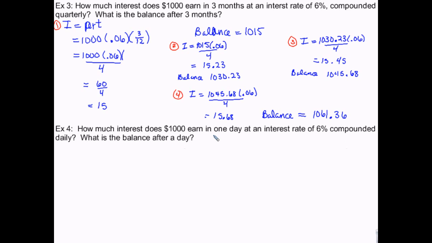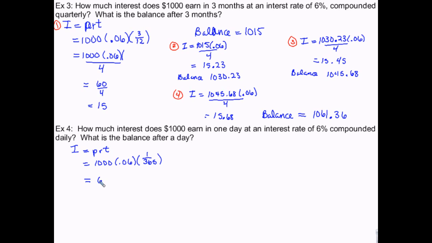If we compound daily, we're not going to do, obviously, all 365 calculations. But if we compound daily, when you're asked to do this kind of a calculation, we're doing the 1,000 times our rate, and our time is 1 out of 365, because there's 365 days in the year, and we're talking about just 1 day.